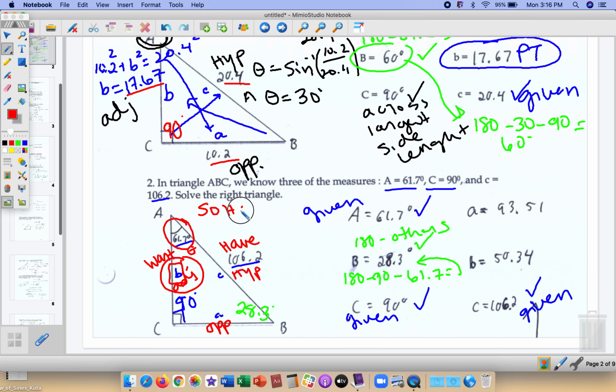So out of SOHCAHTOA, I want b, which means the adjacent. So right off the bat, I'm going to cross off sine, and I have the hypotenuse. Over here, I don't have the opposite, so I couldn't use that one. So we use cosine. So cosine of the angle we circled, cosine of 61.7 is equal to adjacent over hypotenuse. So adjacent is b, hypotenuse is 106.2. So then from there, we can multiply both sides by 106.2.